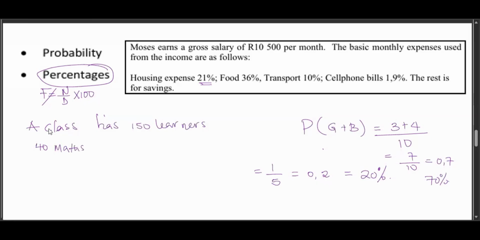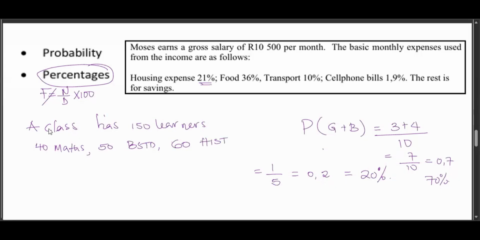They do maths. Understand? 50, they're in business studies. Then we say 60, they do history.